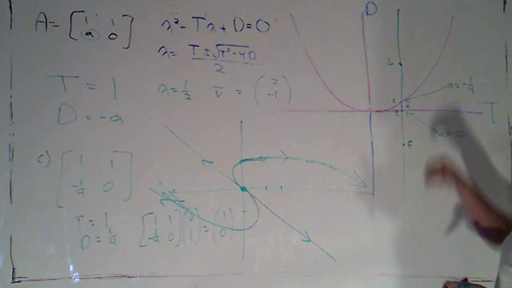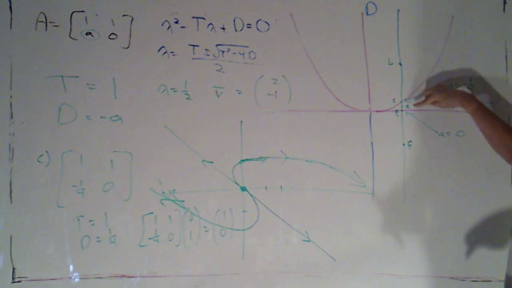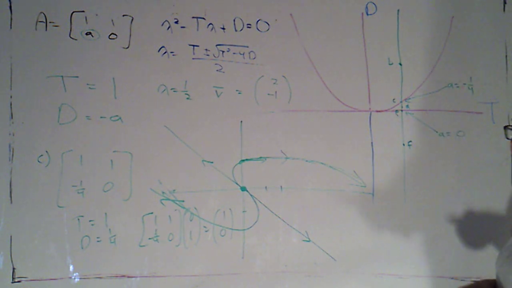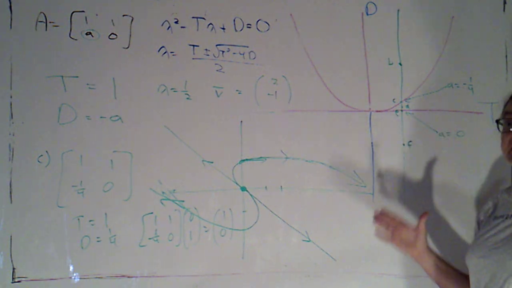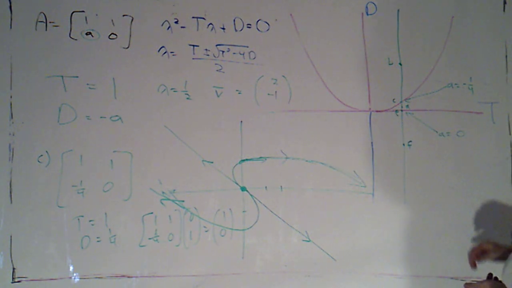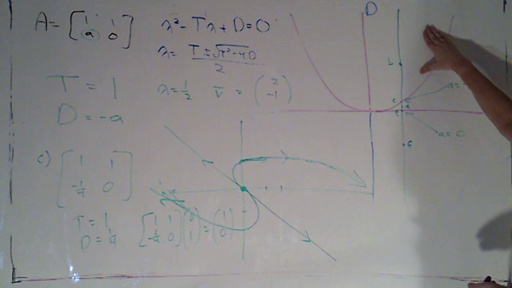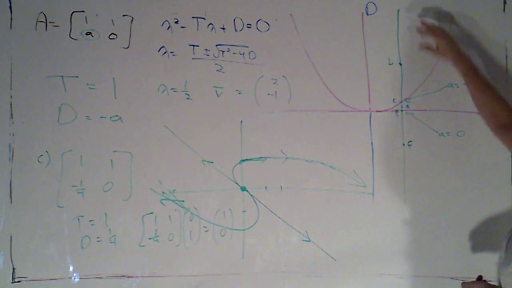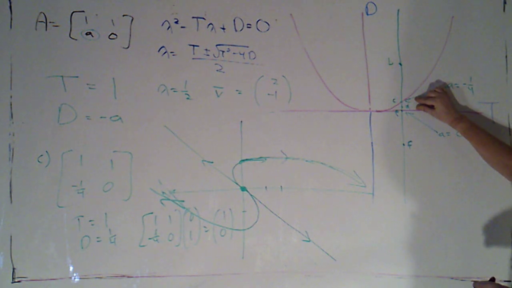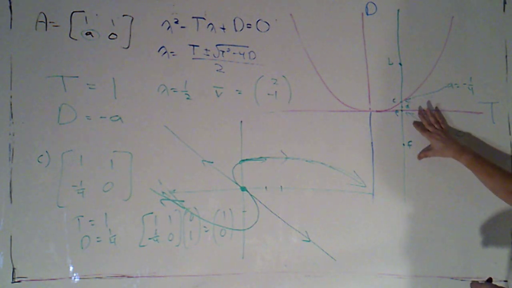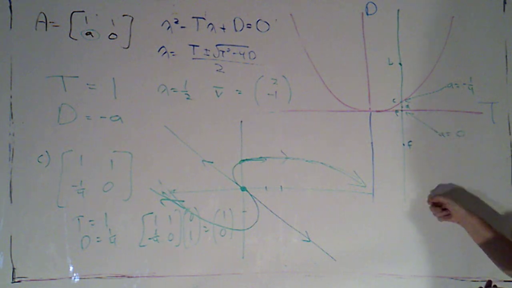Now, I could, for B and D and F, pick a specific A value and come up with a specific phase portrait. I can see now that if A is smaller than negative 1/2, we'll be up here. Between negative a fourth and 0, we're in this region, and when A is positive, we're down here.